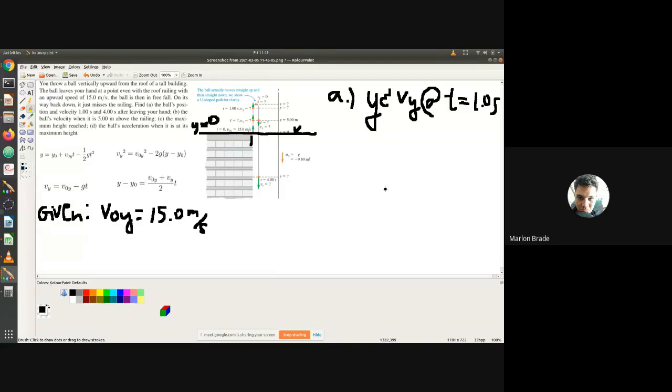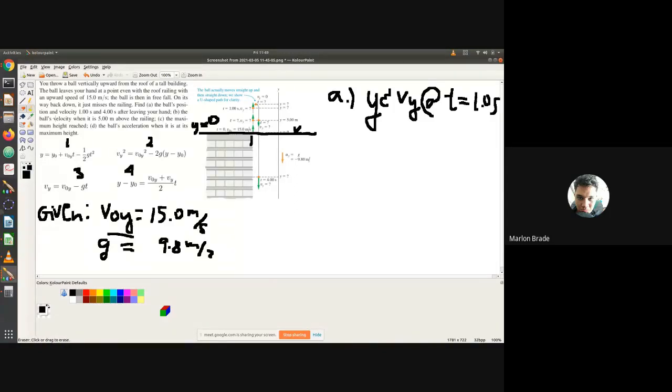So karon unsa ang position sa bola after 1 second? So asa ang equation gamiton? Given kag initial velocity v naught y, kabalo pod ta sa g. Pila ang g? Negative 9.8 meter per second squared. Ay no, g is positive; negative y lang siya.